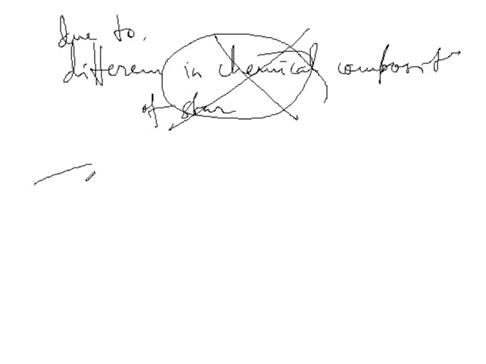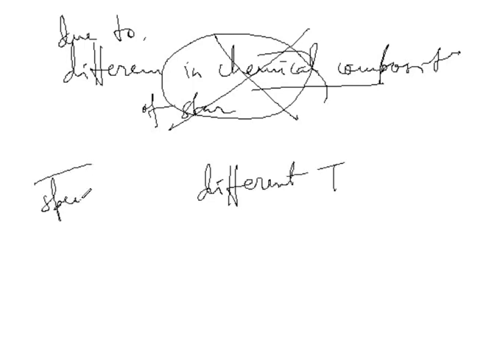The primary reason is that spectra look different because stars have different temperatures and not different chemical composition. So spectra differ due to different temperature. So we rule this out.